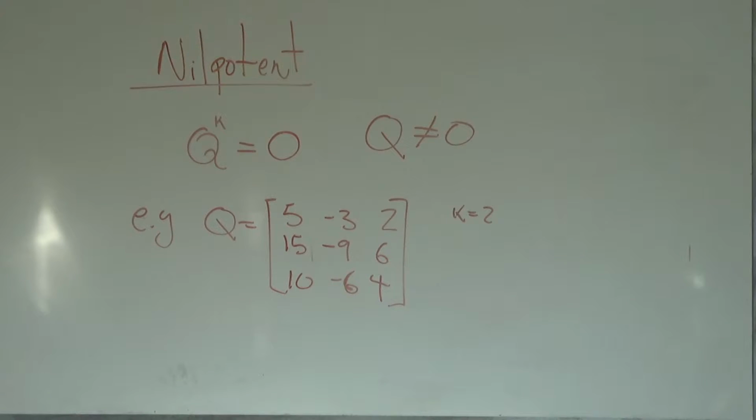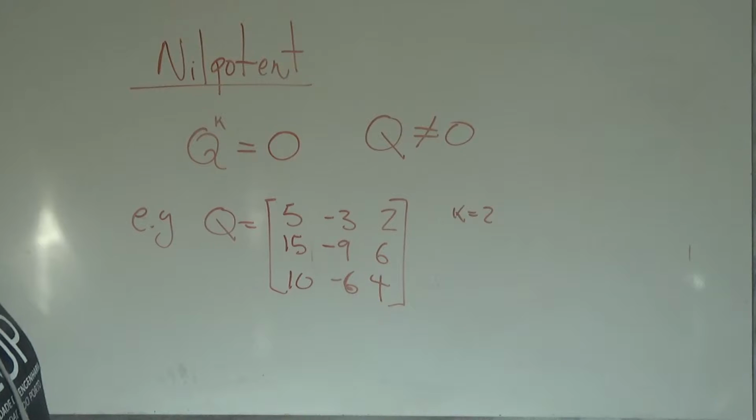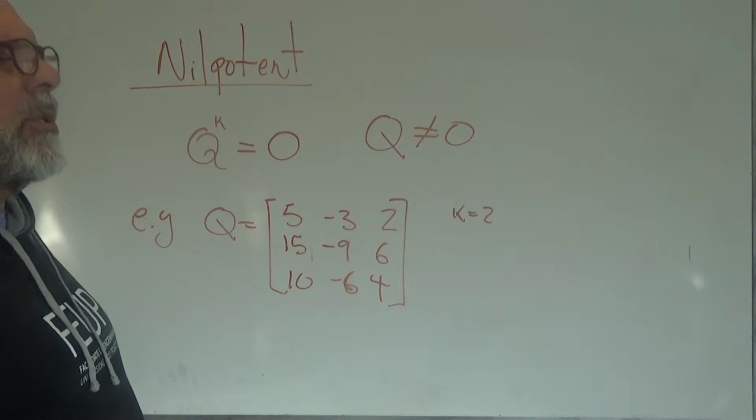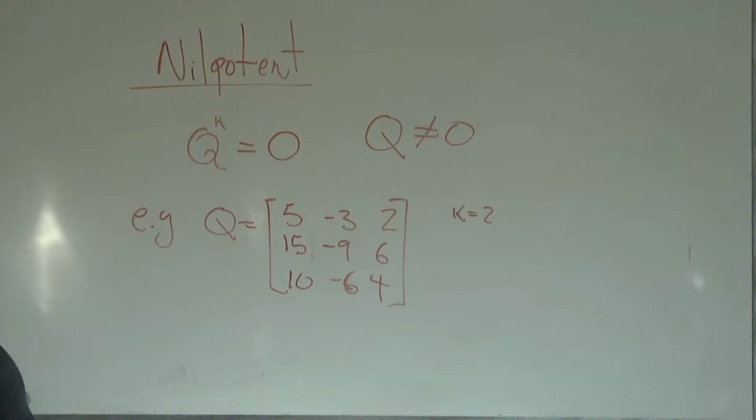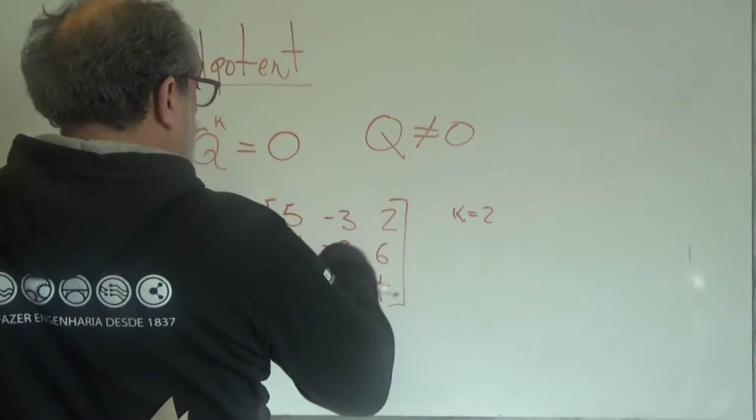Now, nilpotent matrices, one thing that we will revisit later on when we talk about the Cayley-Hamilton theorem is the fact that the maximum power for which nilpotency can be reached is the order of the matrix.